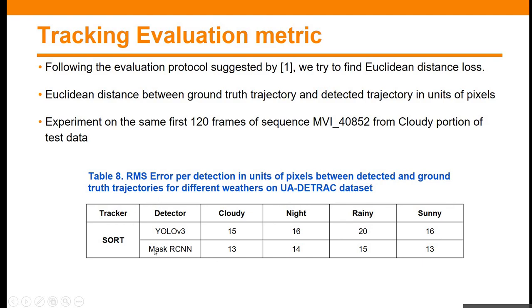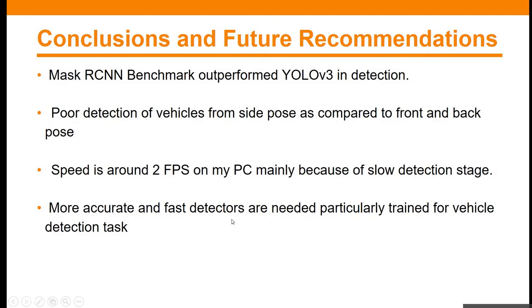We have one tracker, SORT, and two main detectors, YOLO v3 and Mask RCNN, and we see that the error for Mask RCNN is less than that of YOLO v3, which means that if we use Mask RCNN as a detector, then we get more accurate results.